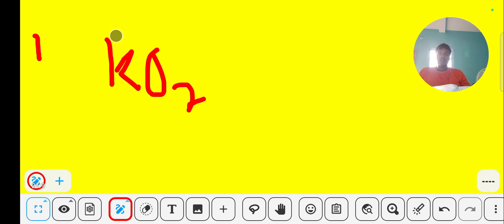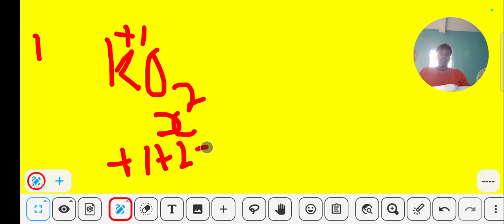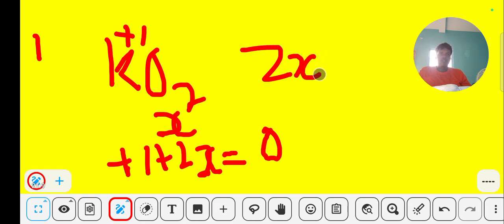Potassium is present in the first group, so it has +1 oxidation number, and for oxygen, let's consider it x. Its overall charge is 0, so +1 plus 2x is equal to 0. So 2x is equal to -1, and x will be minus half.